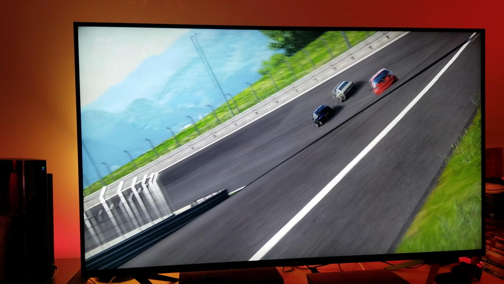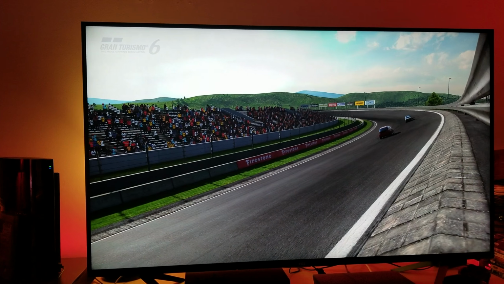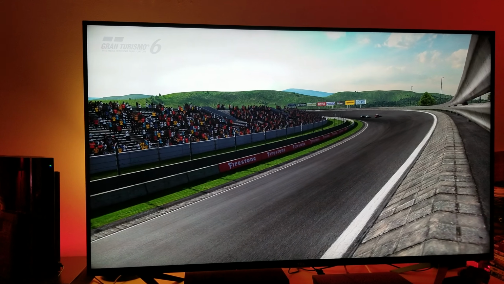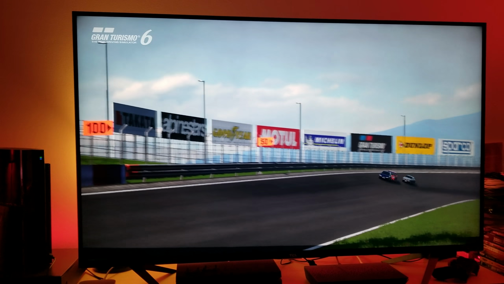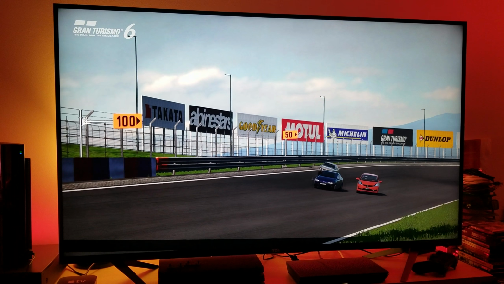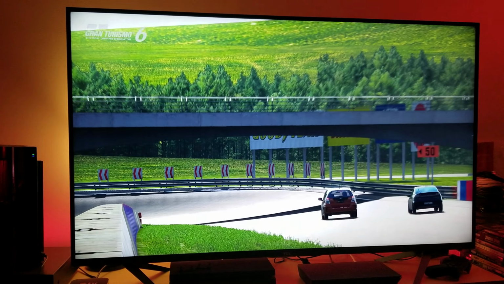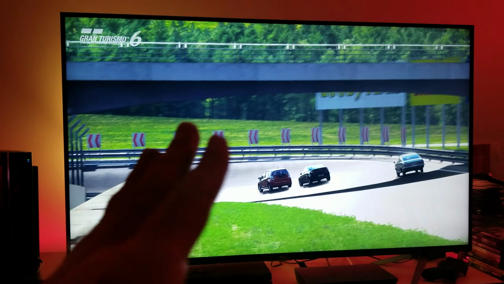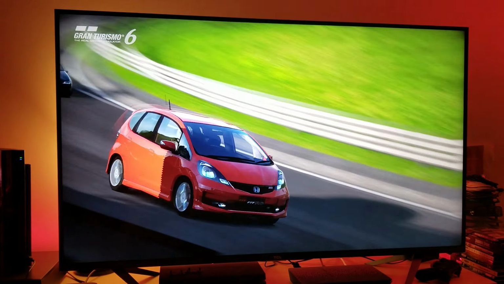And I have to say, this game, this Gran Turismo 6 from PlayStation 3, the upscale looks fantastic right here on the TCL R617. Just look at this NBP Photon technology, which reproduces the wide color gamut.